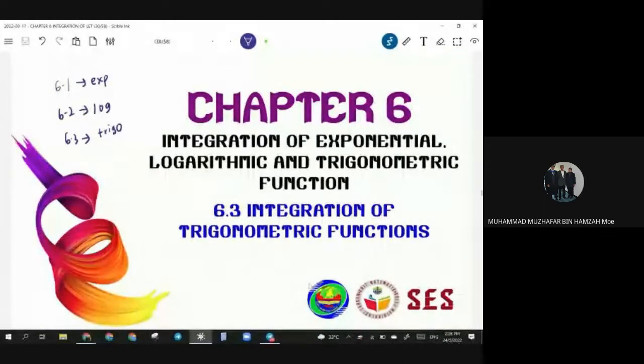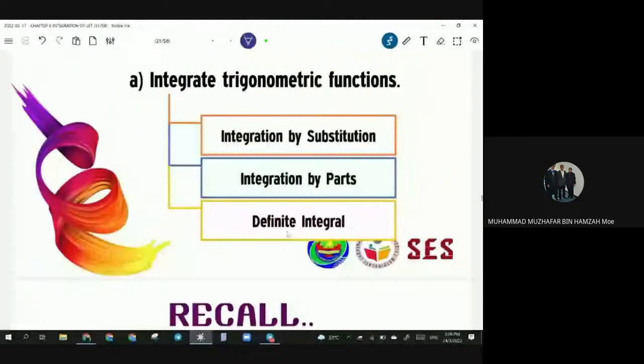So at the end of this lesson, you should be able to integrate trigonometric functions, including by using integration by substitution, integration by parts and definite integral. By the way, integration by parts can only be covered in chapter 6.4.